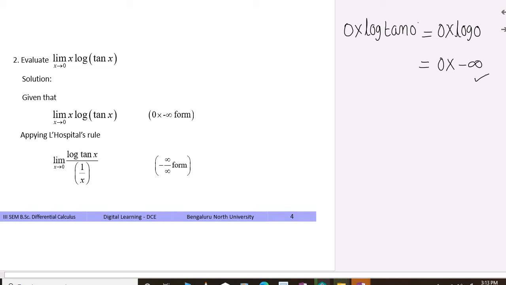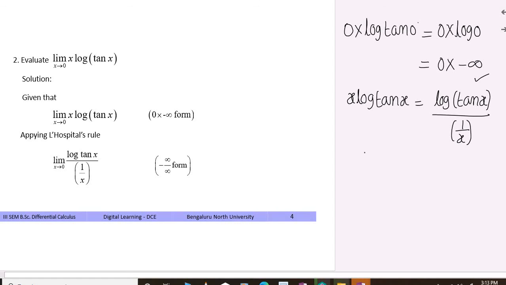This is an indeterminate form. Before going to apply L'Hopital's rule, I am going to change the given function, that is x into log of tan x, as log of tan x divided by 1 by x.